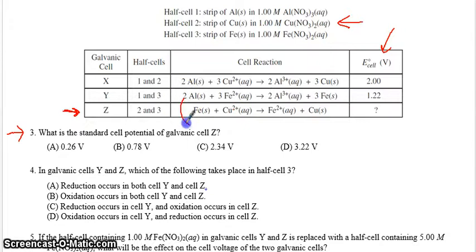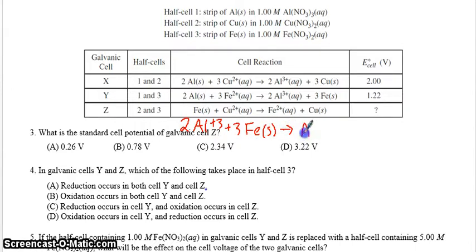If we flip it, let's go ahead and rewrite it flipped so it's a little easier to see. So we have 2Al 3+ on the left side. You have 3 iron on the left side.